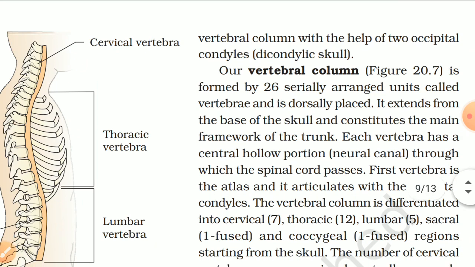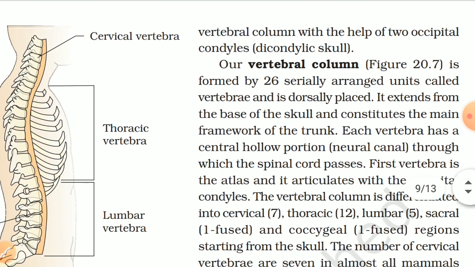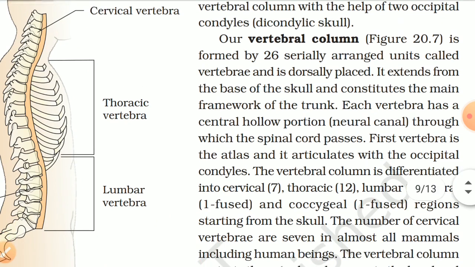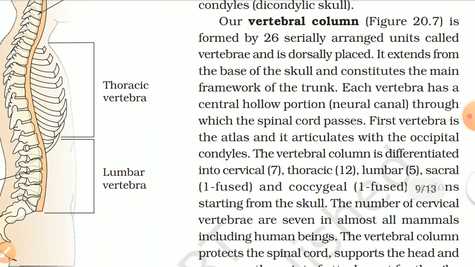Our vertebral column (Figure 20.7) is formed by 26 serially arranged units called vertebrae and is dorsally placed. It extends from the base of the skull and constitutes the main framework of the trunk. Each vertebra has a central hollow portion, the neural canal, through which the spinal cord passes.